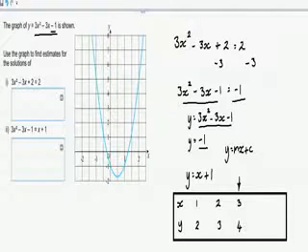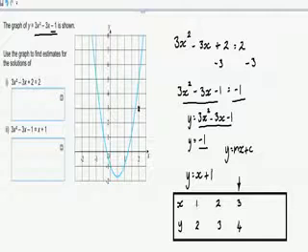So now I can plot my points for this line. So where x equals 3, y equals 4. Okay, now I can't plot that because the graph's not big enough. But like I said, I only need 2 points to make a straight line. So where x is 2, y is 3. So it's going to cut through that point.